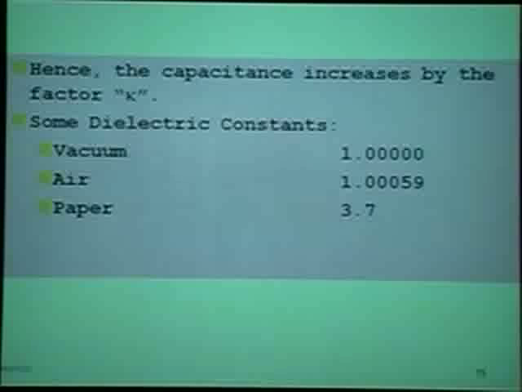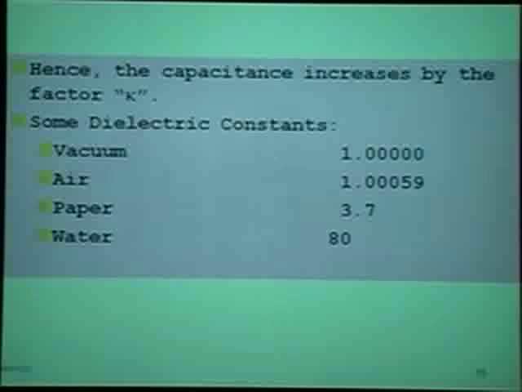Paper, on the other hand, is 3.7. So if I take those two plates and I stuff paper in there, I can increase its capacitance, its ability to hold charge given a voltage, by a factor of 3.7. Amazingly, water is 80. You probably don't want to use water for other reasons, because it may have ions and electrical conductivity.